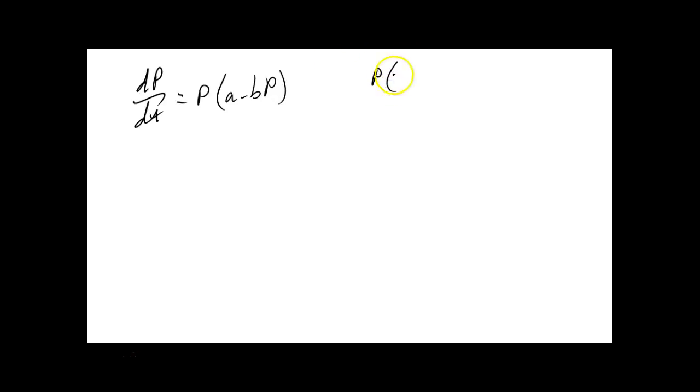P times (A minus BP) equals 0, what two conditions would you have for P? Think of that as a quadratic equation in P, and we want the two possibilities where that would equal 0. What values of P would give that to you?